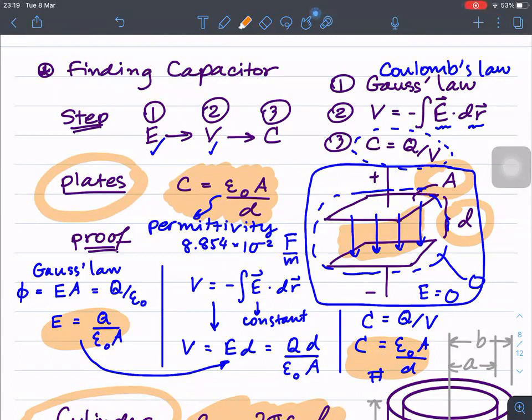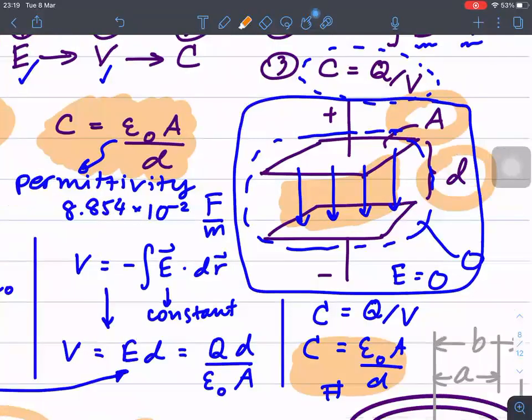If you have a larger area of the plate, it tends to have a higher capacitance, or this system will be able to carry more charge. But if you have a large gap between two plates, it means that you have a smaller C, and you can carry a smaller charge.